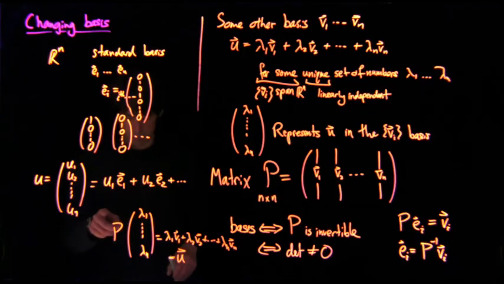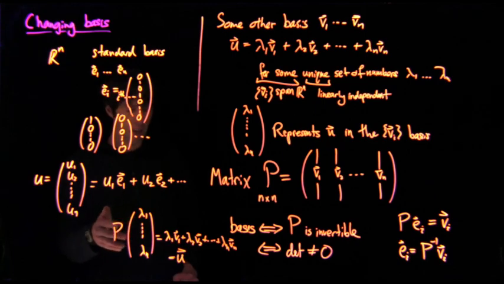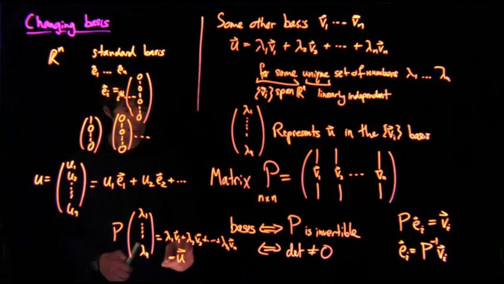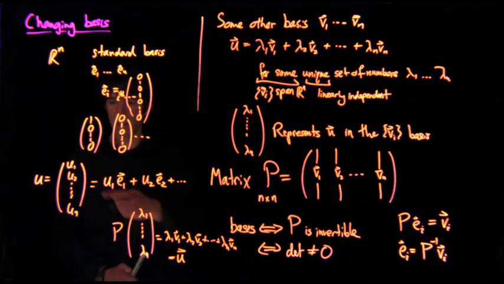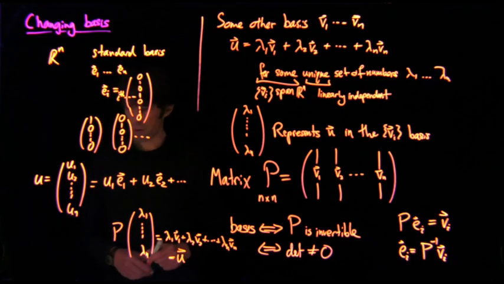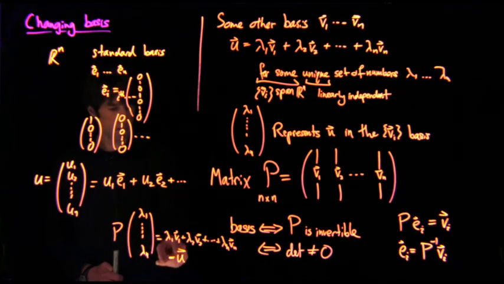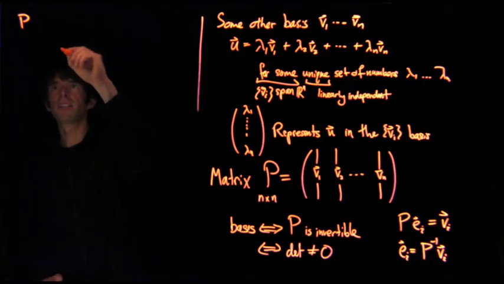So the matrix P takes the list of coefficients, the representation in the v basis, and converts it back to the standard basis. I've taken the representation in the v basis, and I've converted it to the representation in the standard basis.